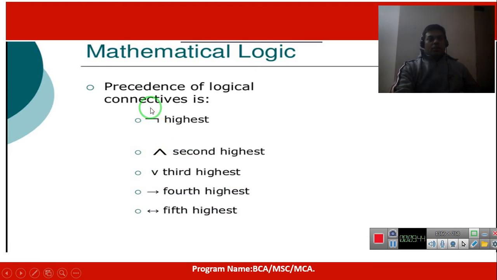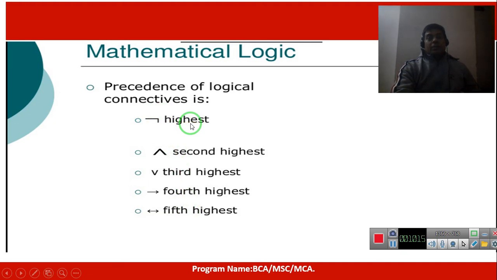Basically, as we explained in the previous lecture, there are 5 types of logical connectives. First is the negation, second is the conjunction, third is the disjunction, fourth is the implication or conditional, and fifth is the biconditional. They are written in this slide by precedence, and negation has the highest precedence.